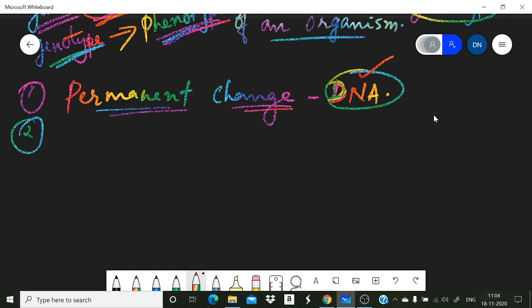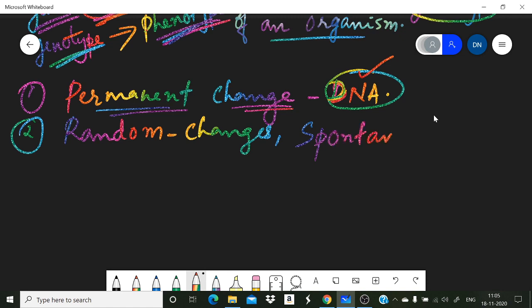And the mutations occur very randomly. There is no particular chromosome to get mutated. Random changes occur in the chromosomes or genes, and it may be spontaneous, that is, natural or sudden, or these mutations can be induced.